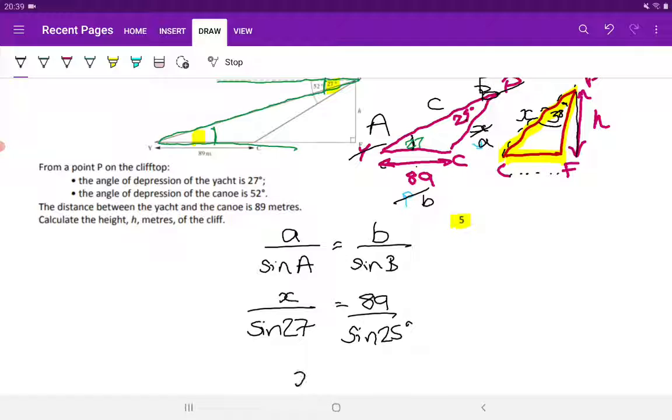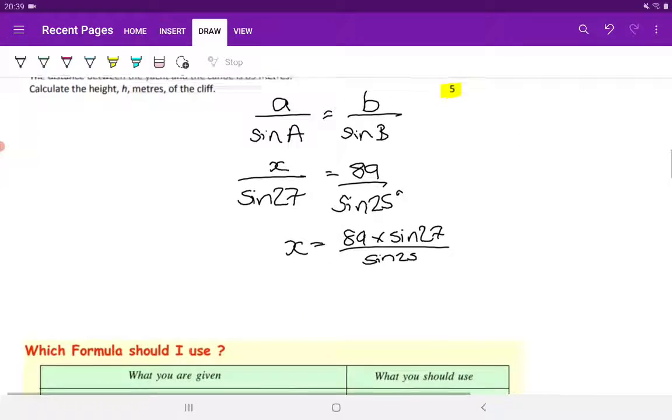So x will be 89 times sine 27 over sine 25. And when we calculate that, we get 95.6.